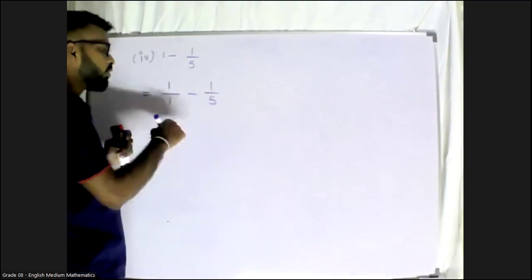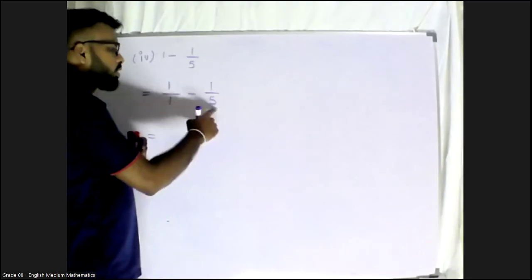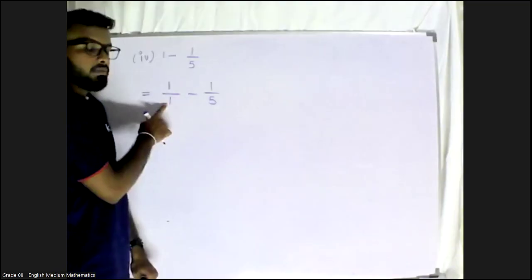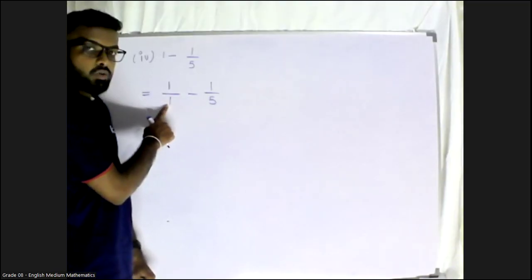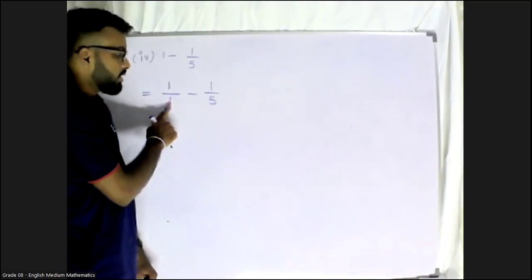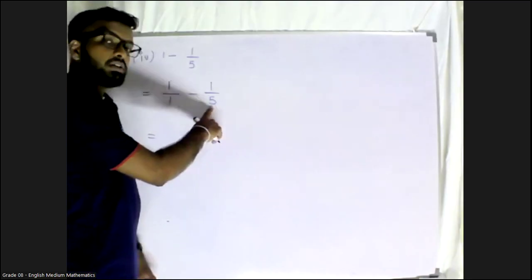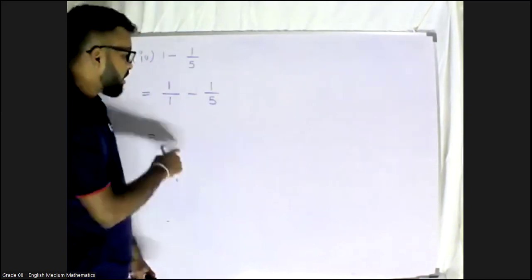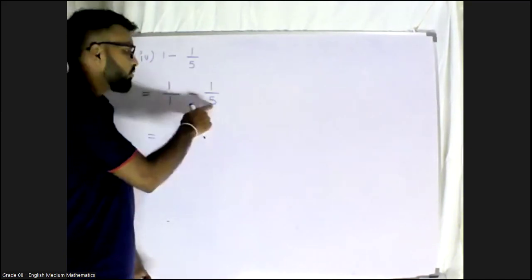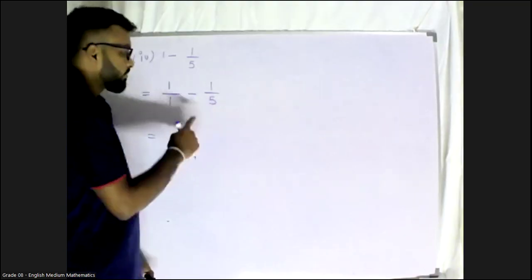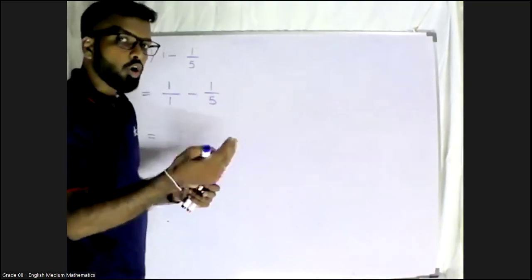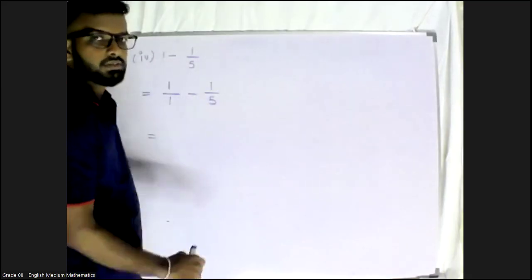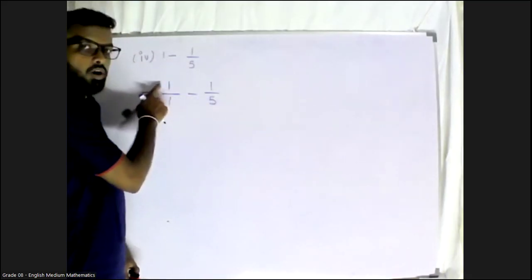Equal mark. Now, if you want to find LCM, you can do that. But here in the first denominator, you have 1. Then the second denominator is 5. And there is an easy way to convert this 1 into 5, so you can obtain common denominator 5 in both fractions. Here you have 1 over 1.